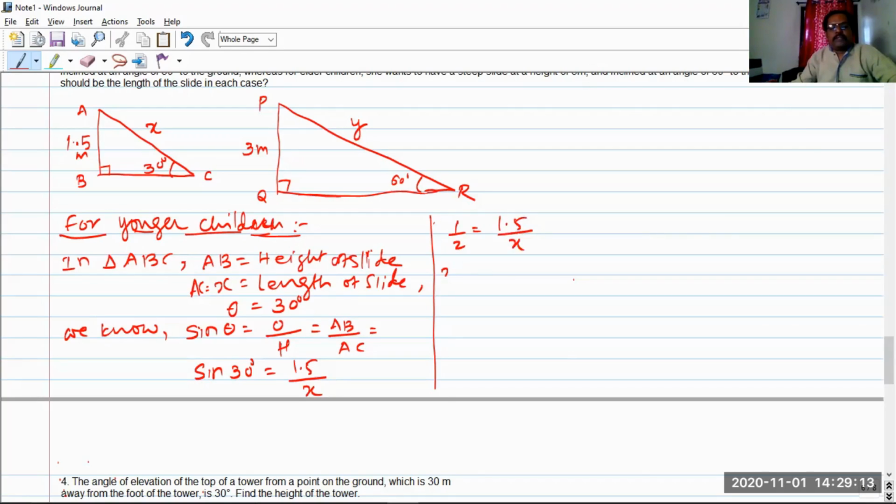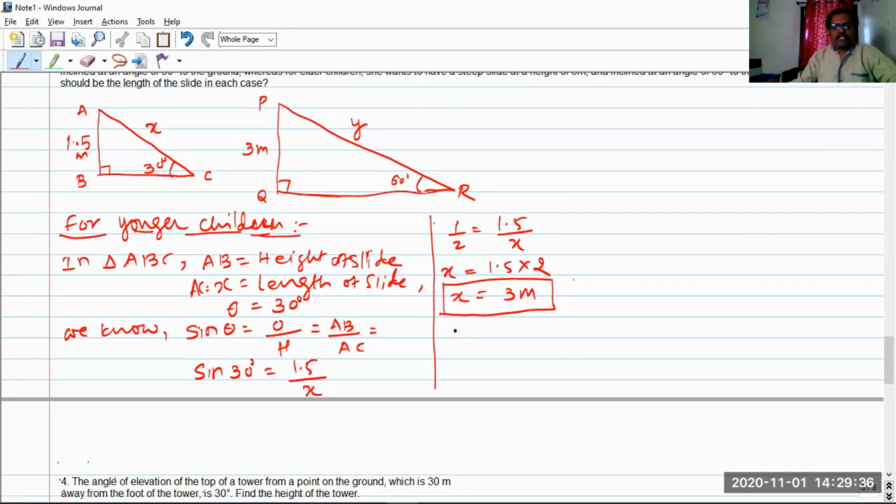Taking cross multiplication, 1 into x becomes x and 1.5 into 2 gives us 3 meters. So what is this x? X is the length of the smaller slide that is installed for the children below 5 years.